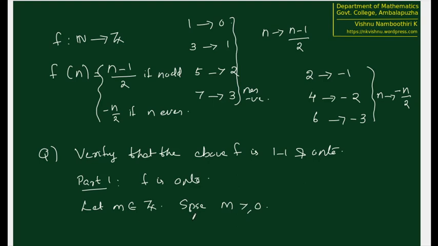So we have to find some k such that f of k is equal to m. To show that f is onto, we have to find a natural number k such that f of k equal to m.